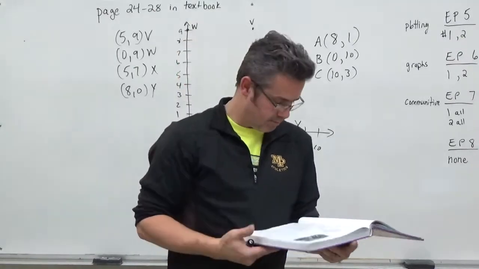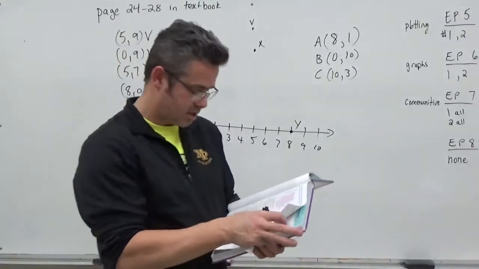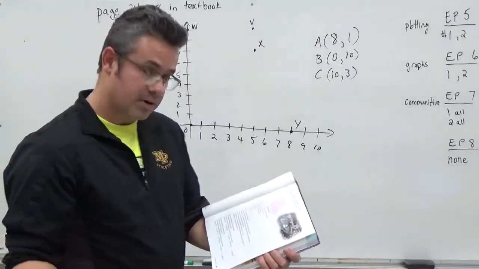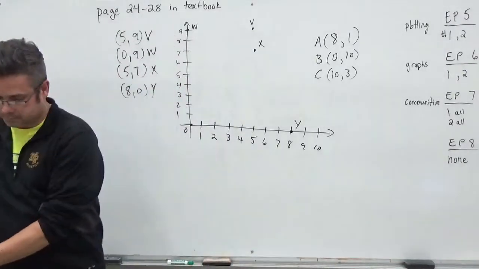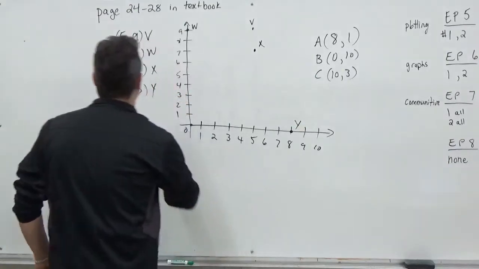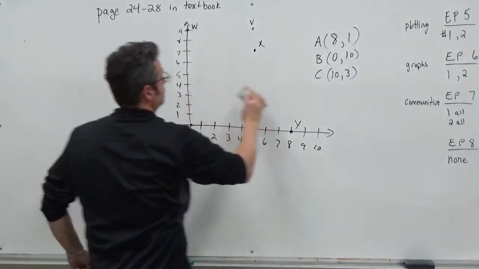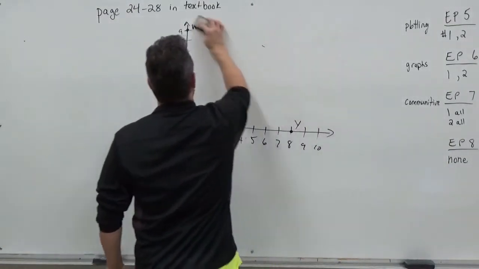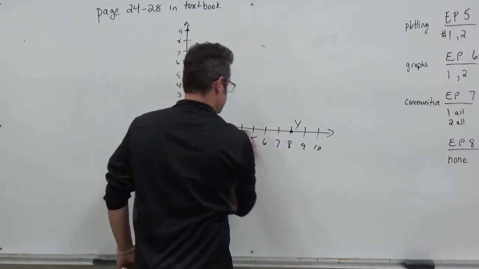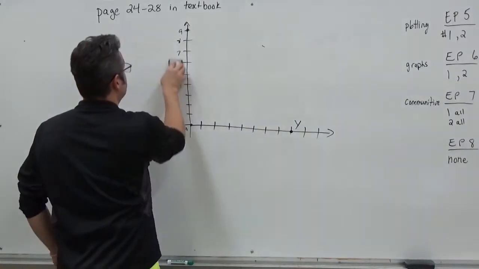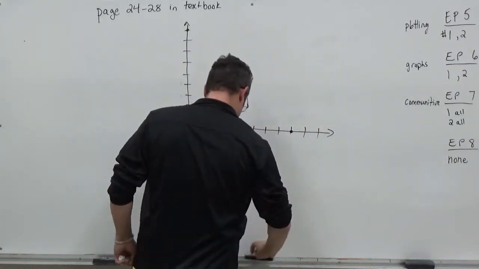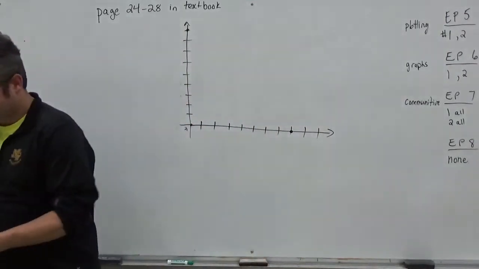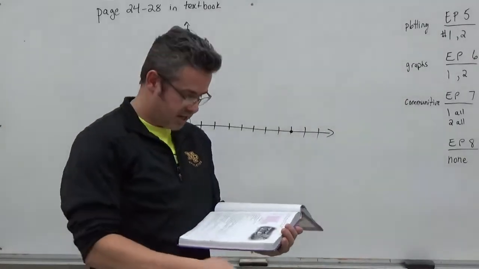But the only thing about questions 6 and 7 is those numbers start to get pretty big. So for example, I'm going to erase this and I'll help you out with this one too. So, for questions 6 and 7, the numbers get big.